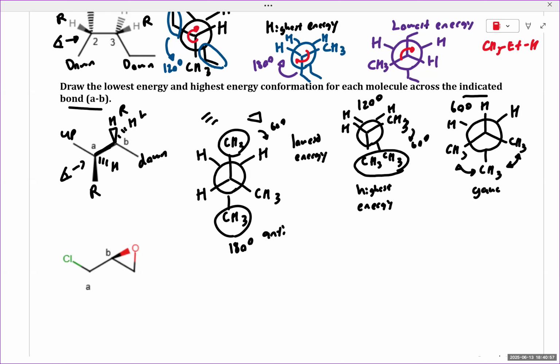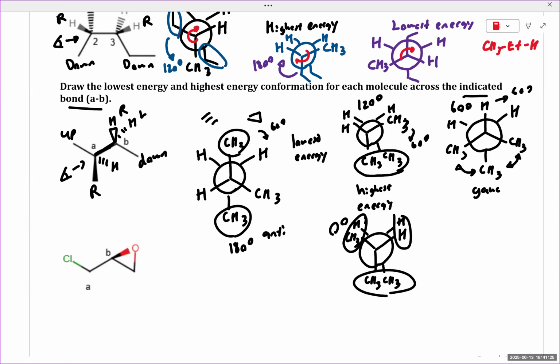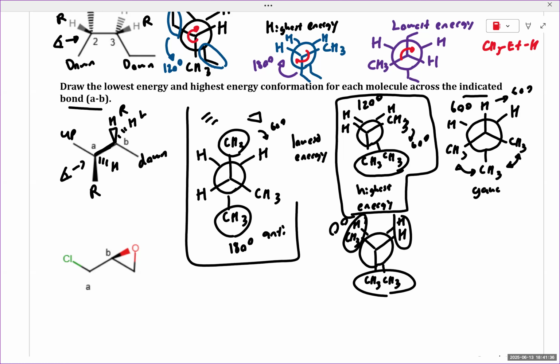If we rotate another 60 degrees, looking at the 0-degree conformation, we end up with the exact same interactions as in 120, a methyl hydrogen and hydrogen. These two structures are tied for the highest energy conformation. So we've identified the highest energy and lowest energy conformation across the given carbon-carbon bond.